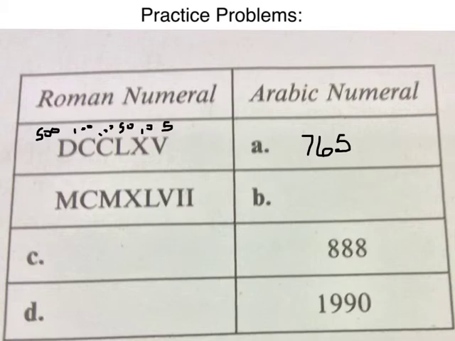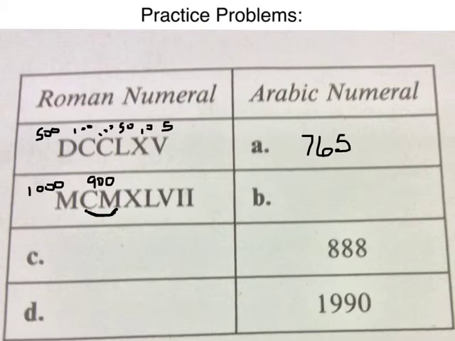Alright, let's look at B. M is 1,000. And here we have this combination again, where the one on the left is smaller than the one on the right. So this would be 1,000 minus 100, which is 900.